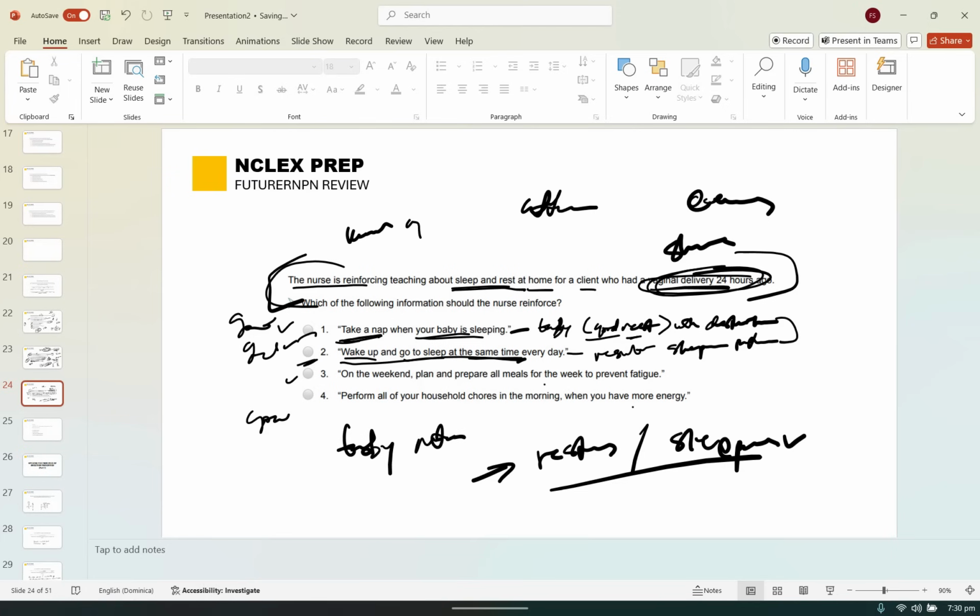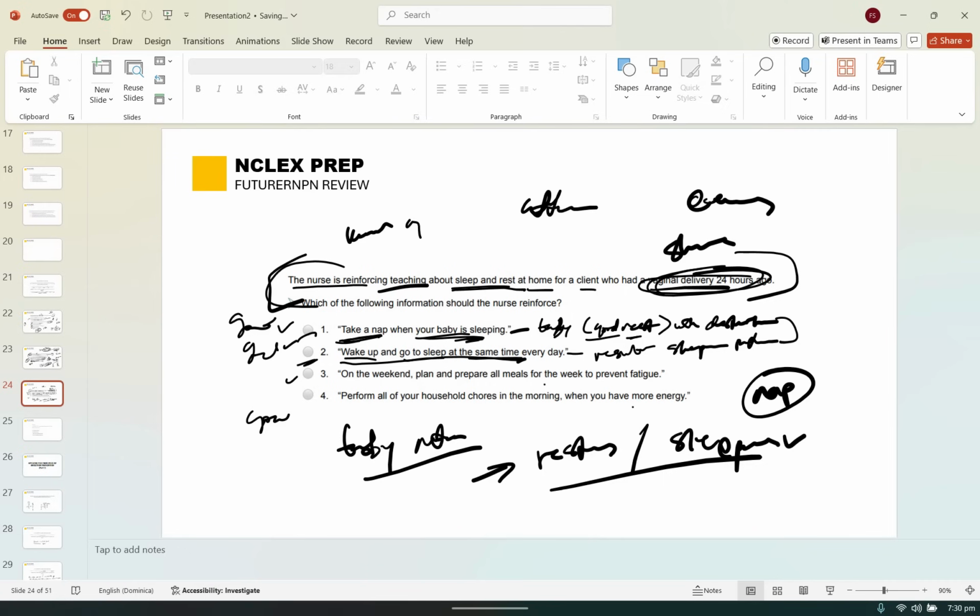So due to this reason, you need to teach the mother to find time to sleep when the baby is sleeping, because you might not know the next time the baby might be awake and need your attention. So the period of time that the baby is sleeping, you as well take what? A nap.